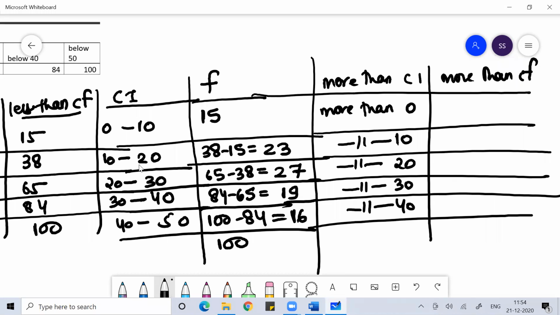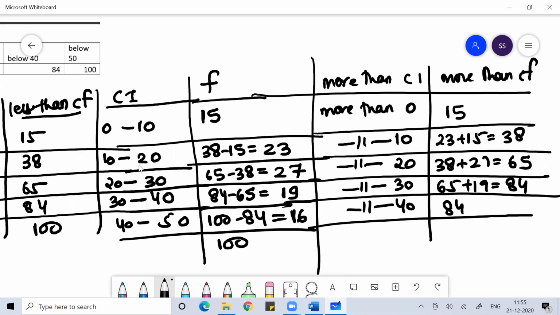More than cumulative frequency means 15, then 23 plus 15, and then it is 38, then 38 plus 27, this would be 65, then 65 plus 19, this would be 84, and then 84 plus 16, this would be 100.